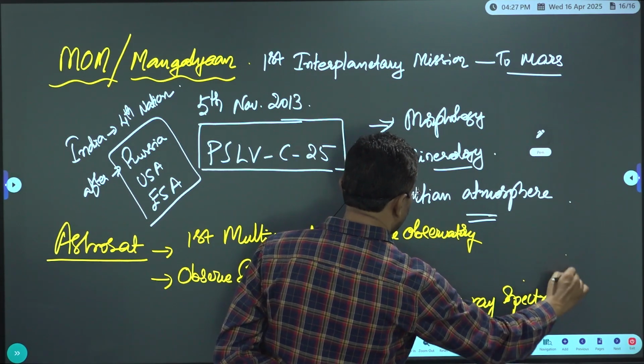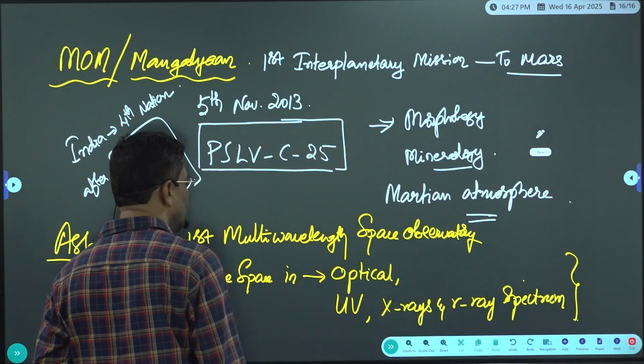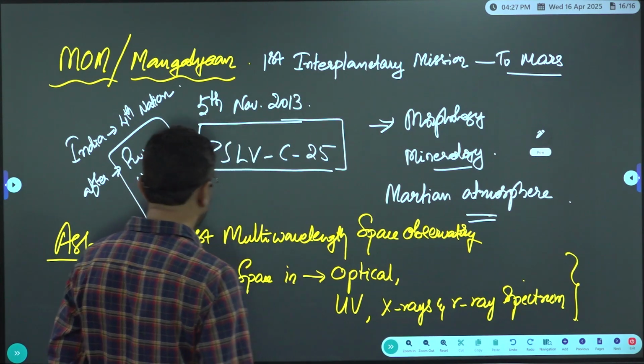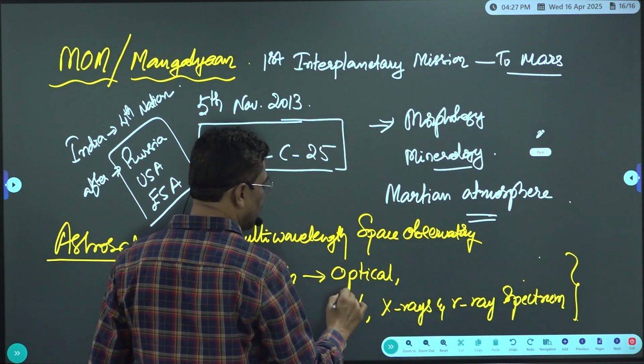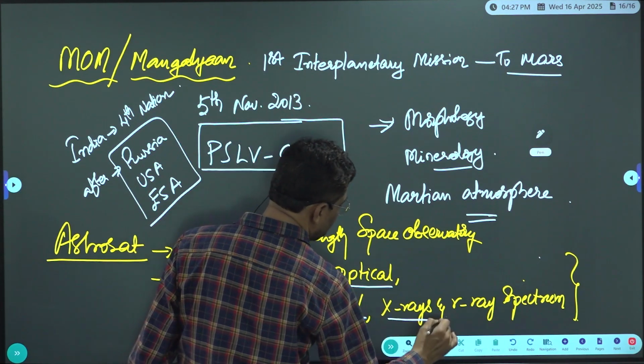This is the specialty of this AstroSat. It is the first multi-wavelength space observatory.